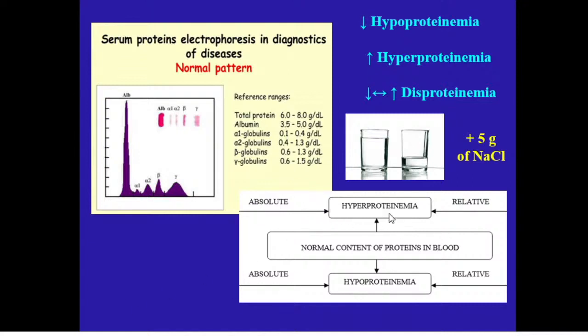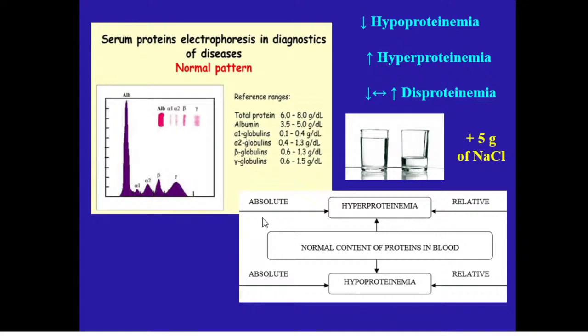So, relative hyperproteinemia is absolutely understandable: loss of water, dehydration, especially hyposmotic dehydration, will lead to relative hyperproteinemia.